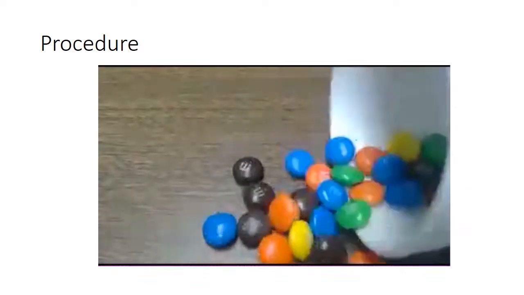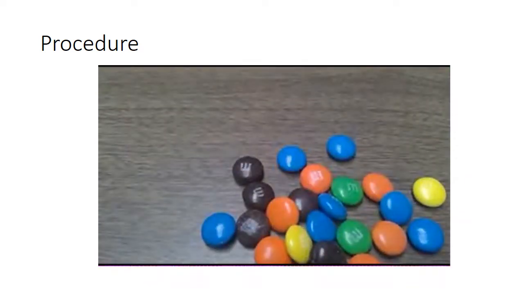What you're going to do is get a bunch of M&Ms or Skittles or pennies, and put them in a cup. You're going to shake it and roll them out. Now, if you see the M, that means that it's still an M&M and it is not safe.